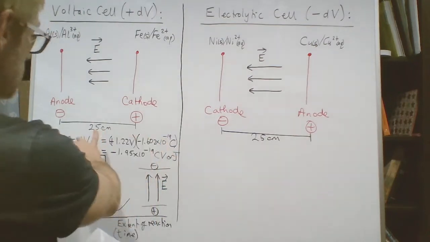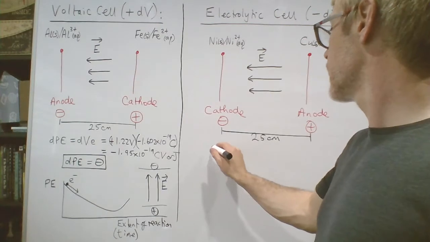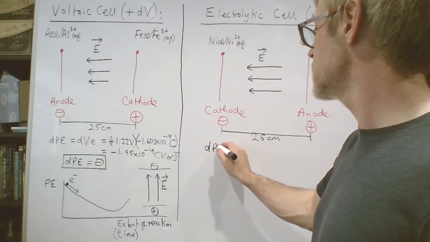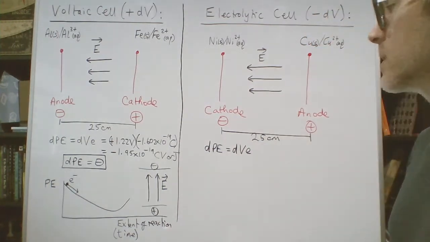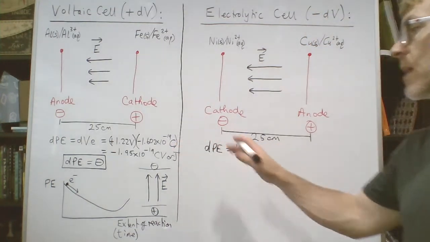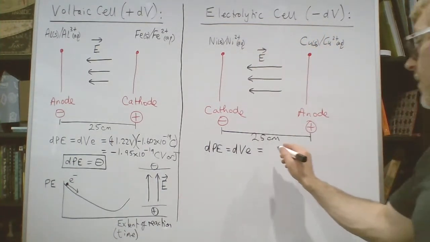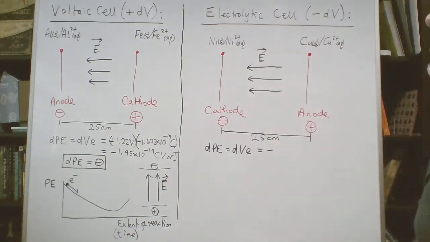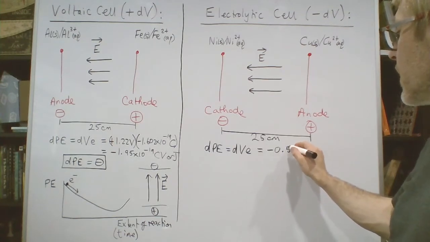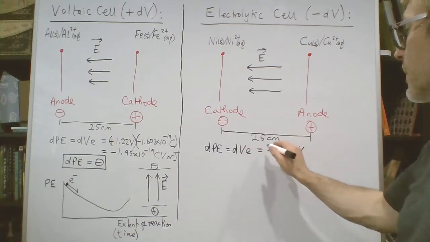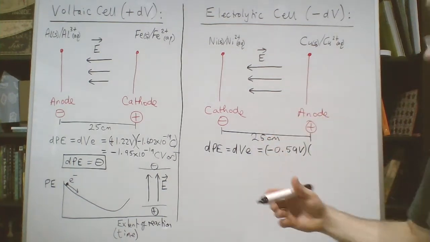So let's do that. Similar to this calculation, let's look at the change in potential energy, which is the change in the voltage multiplied by the unit charge. If we use our previous calculation of E standard cell for this chemistry, we'd have a negative value because it's electrolytic and it has to have a negative change in voltage, 0.59 volts, multiplied by our unit charge, which in this case is just one electron.